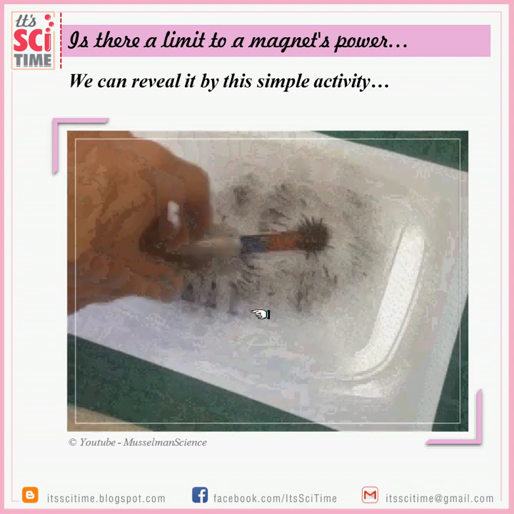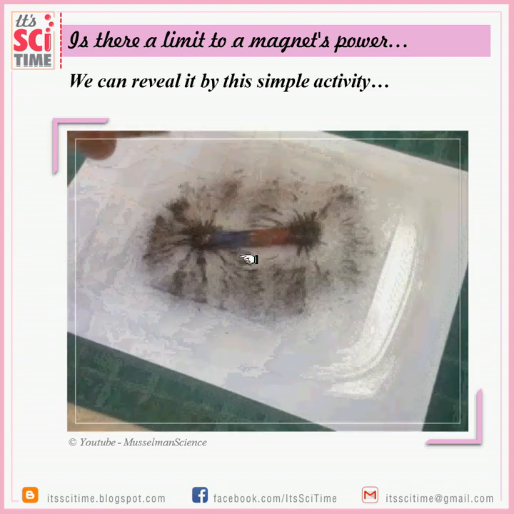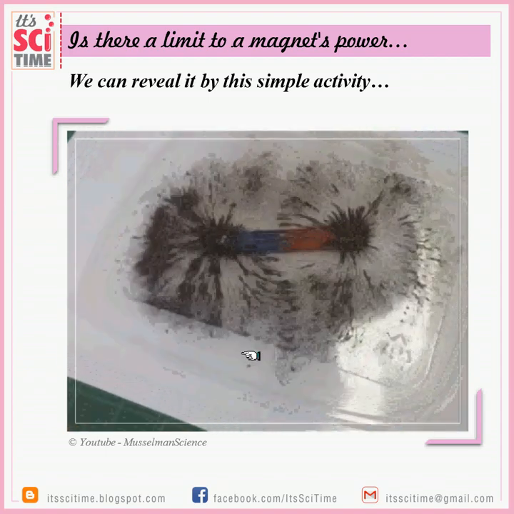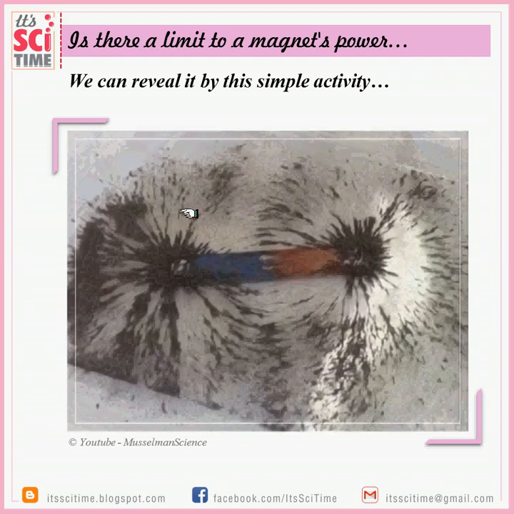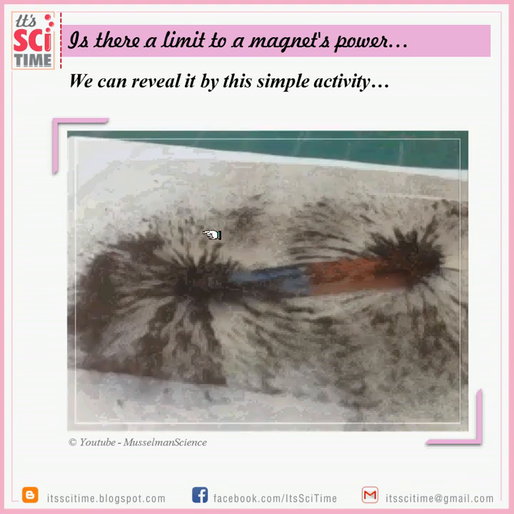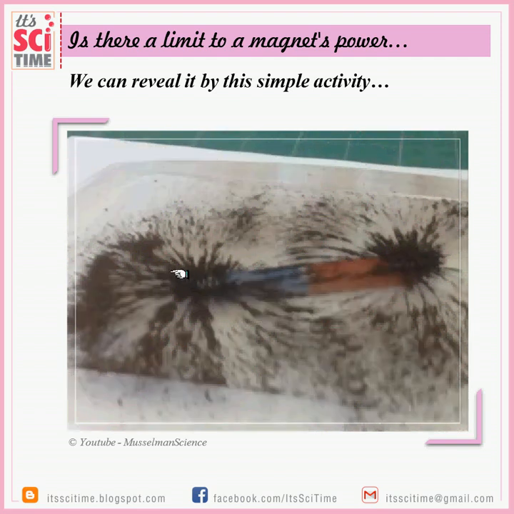So what happens here? Some iron filings attract to the magnet, some remain as a pattern, and some do not attract and remain away from the magnet. This is the final result, and in this we can clearly see two zones where the iron filings gather with more concentration.